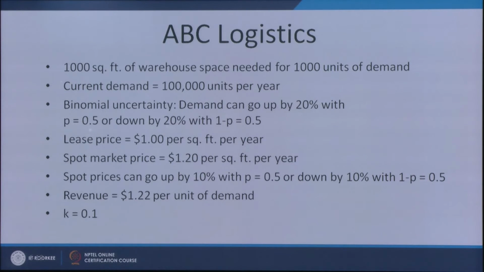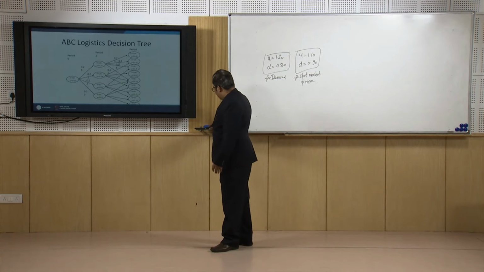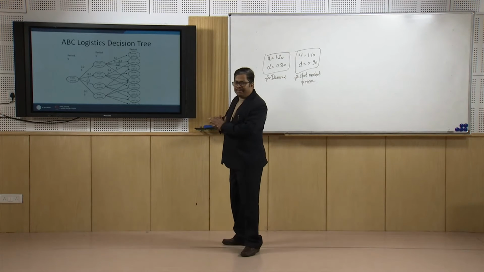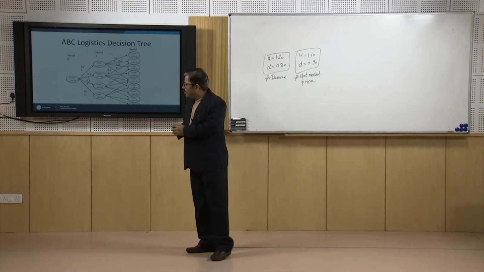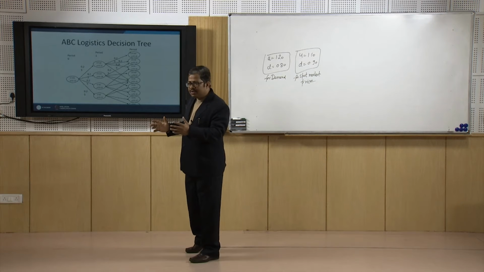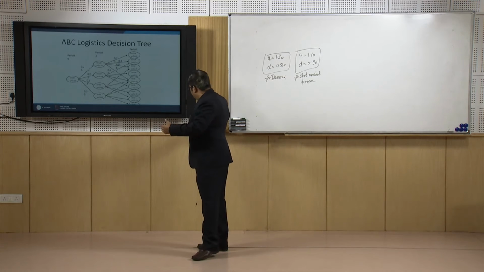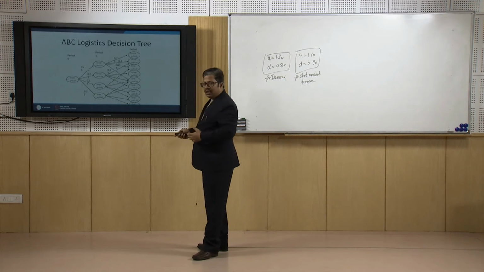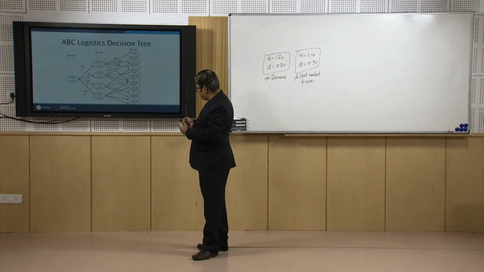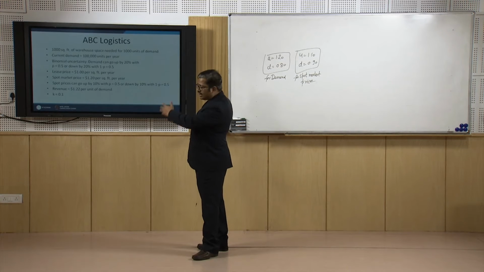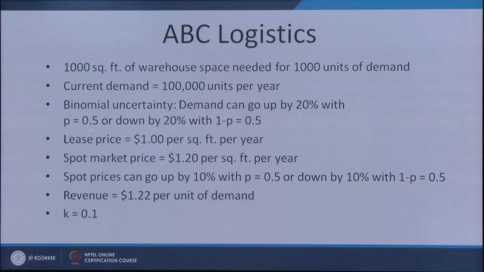Now let us see the development of the decision tree for this set of data. To understand this development, it is good to keep this data readily available on one side of your notebook.